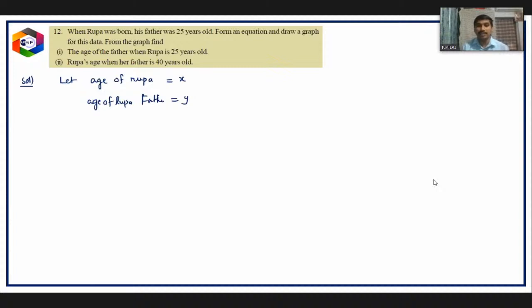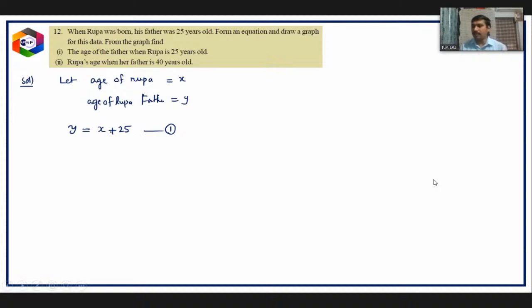That means there is a gap of 25 years, so the father will be 25 years more than Rupa. More than means plus. So as per the equation, y, the father's age, will be equal to x plus 25. That's all, it's a simple equation. Since x is the age of Rupa, adding 25 to her age gives the father's age. So now we have a linear equation in two variables.